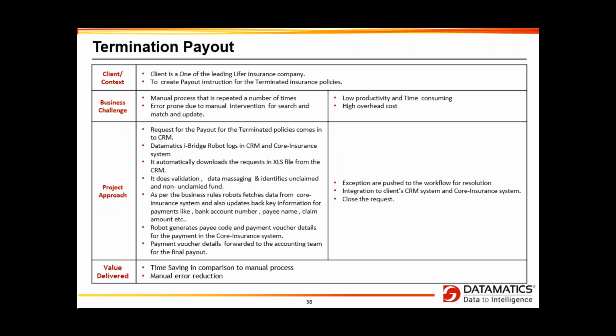Insurance termination payout: when the policy either matures or terminates, they have to perform certain actions, do the checks and balances, check the policy terms, and based on what is promised and whether the documents are in order, they have to make the payment out based on the rules, and then the payout happens through the bank account.